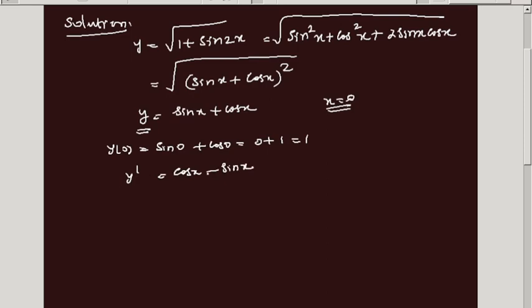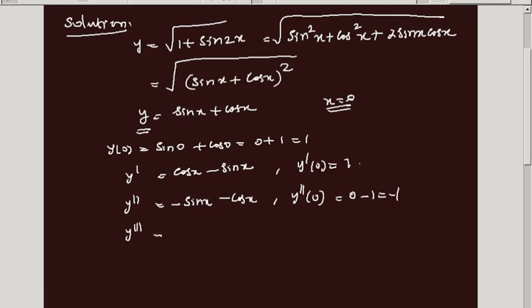Now we substitute 0 here. So y dash of 0 equal to cos 0, which is 1, minus sin 0, which is 0. Now once again we differentiate this one, cos x is minus sin x, minus sin x is minus cos x. So y double dash of 0, substituting 0, minus sin 0 is 0, minus cos 0 is 1. So we get minus 1.